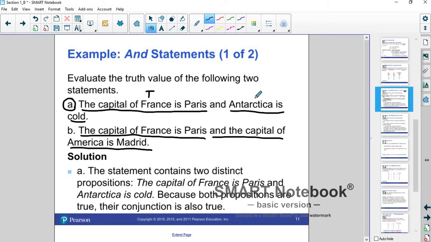Is Antarctica cold? Never been there, but I've heard it is, yes. So true and true, this first statement is a true statement. However, for part B, the capital of France is Paris, that's true, but the capital of America is not Madrid, right? It's Washington, D.C. And so true and false, even though one of them's true, the other one's not, so the entire statement is false. It only takes one part to make it false, okay?